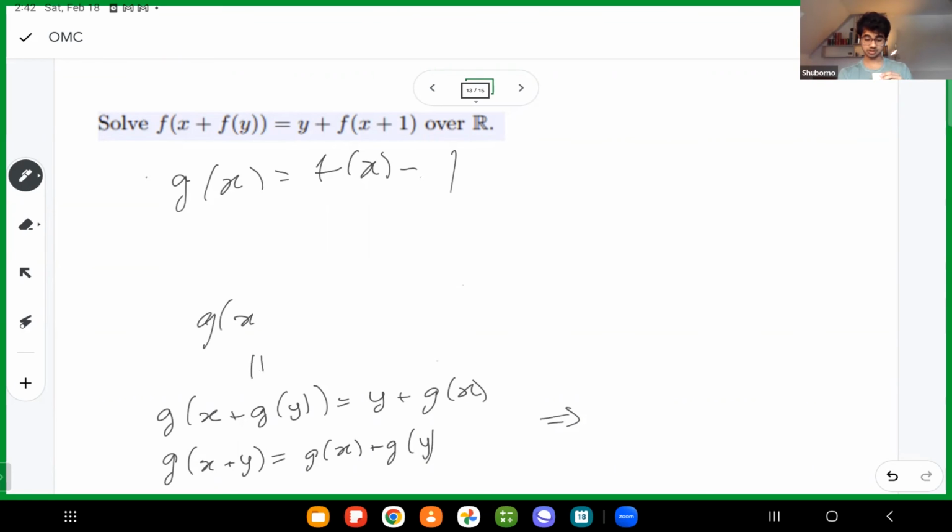Yeah, exactly. Just put here, so you get g of x plus g of y. So you basically end up getting the same two conditions, that it's additive and involutive. And you know the solution to that, so you basically get the solution to f. And that's basically the general solution to this as well.